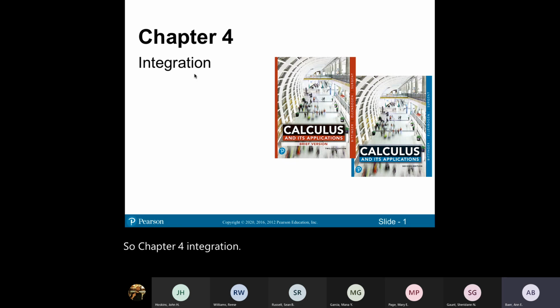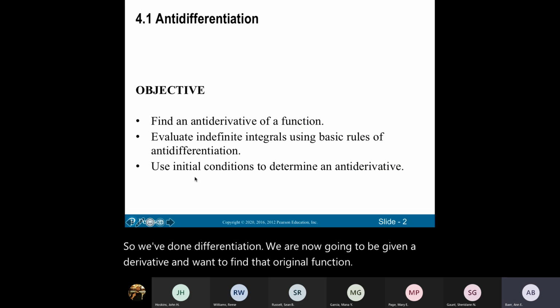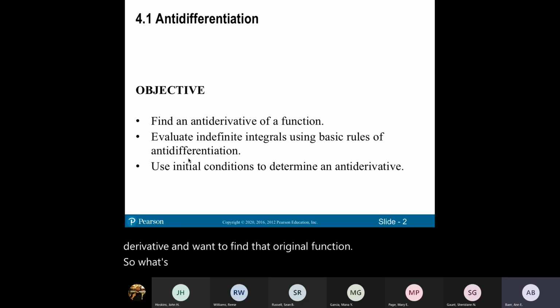We've done differentiation. We are now going to be given a derivative and want to find that original function. So what's the objective in this section?